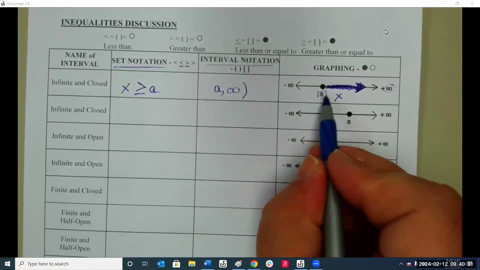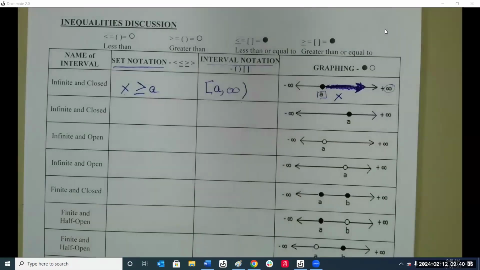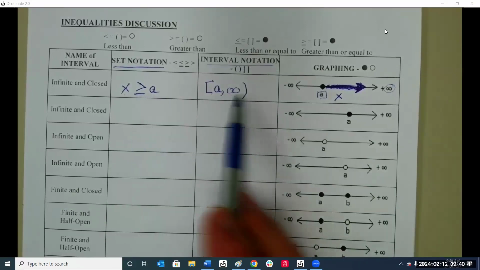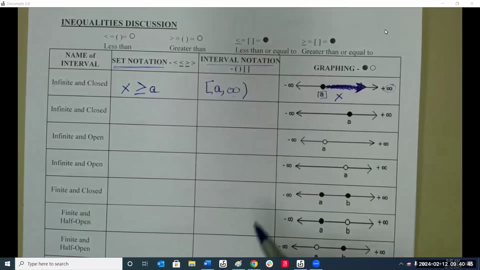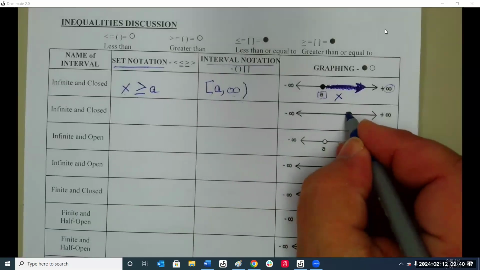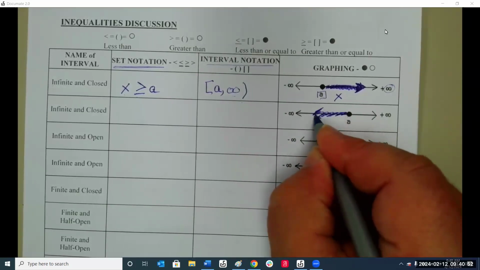Now, A, can we use A? Since we can use A, we use a bracket. And so this is the pictorial representation. Let's look at the next one. From A, we're going to the left.